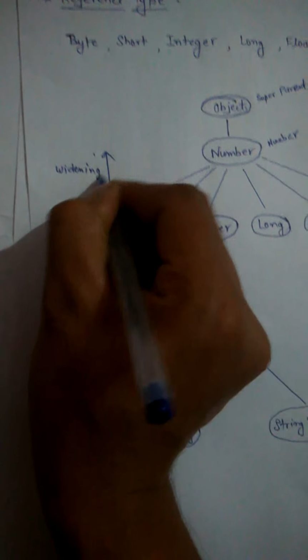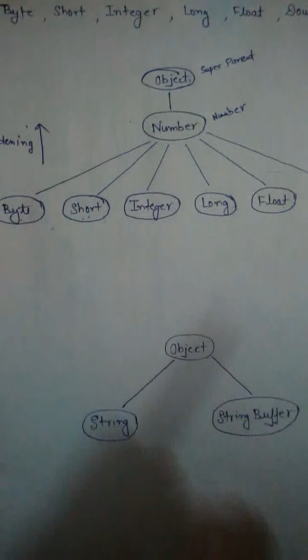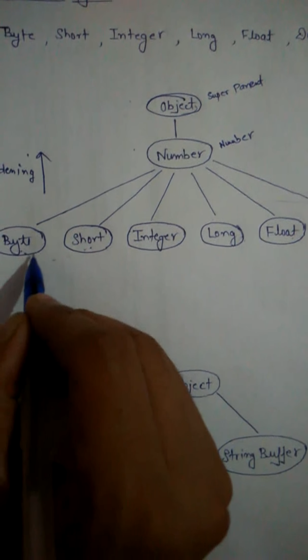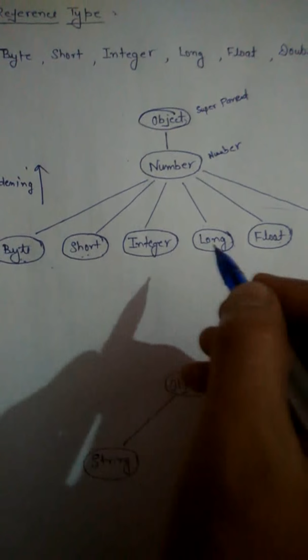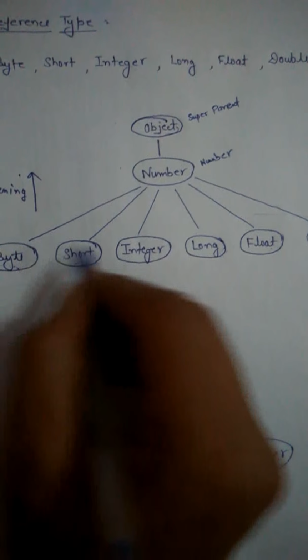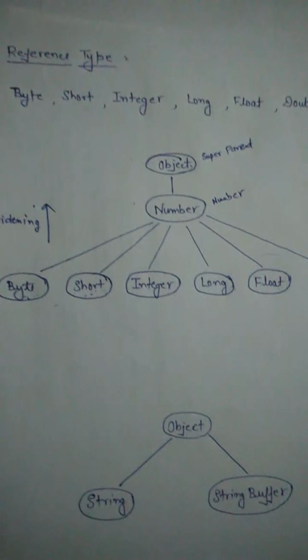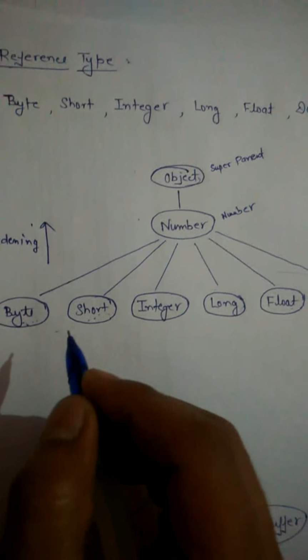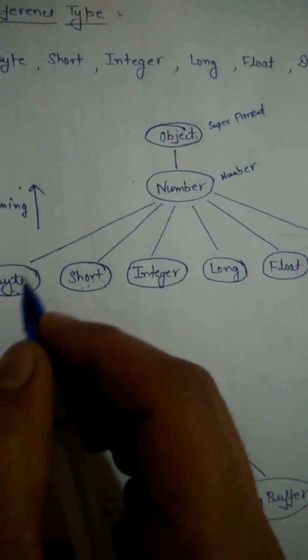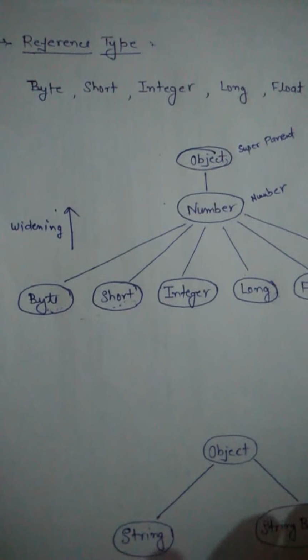Any reference type of these wrapper classes can be widened into either Number or Object. No wrapper class can be widened within its same hierarchy, meaning a Byte cannot be widened into Short and so on. So the widening of reference types depends upon inheritance.